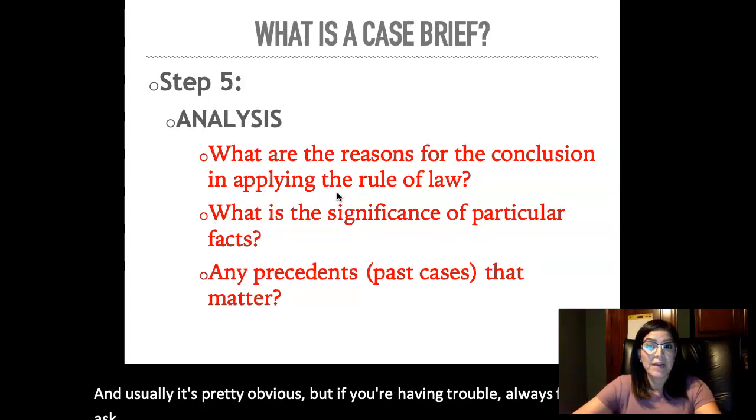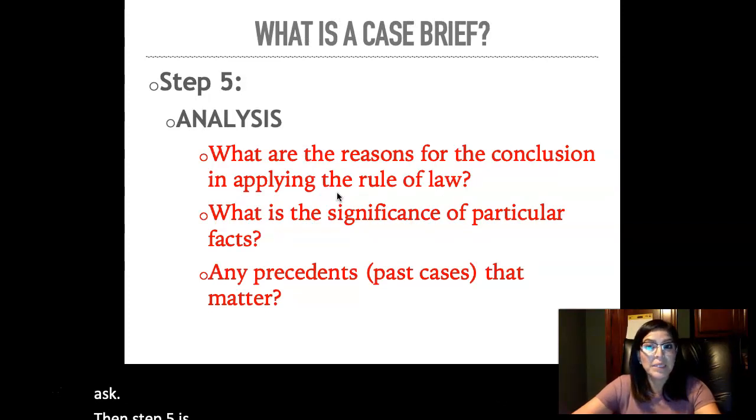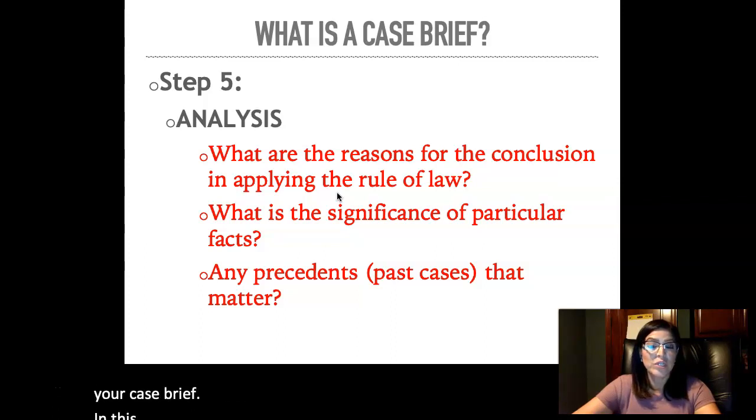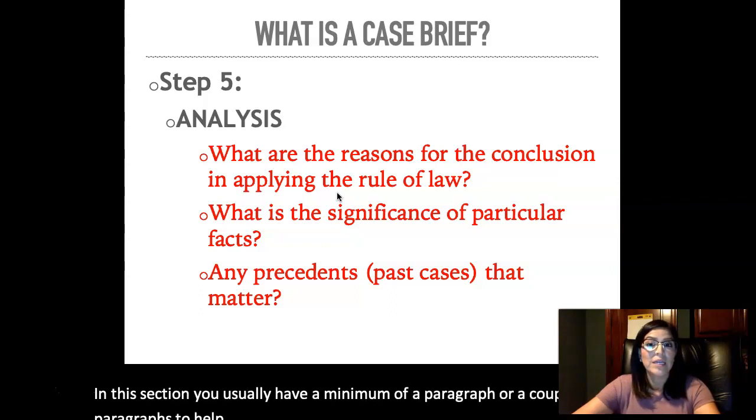Then step 5 is the analysis. This is probably one of the most important steps in your case brief. In this section, you usually have a minimum of a paragraph or a couple paragraphs to help you understand and summarize what were the reasons for the conclusion and how they applied the law.